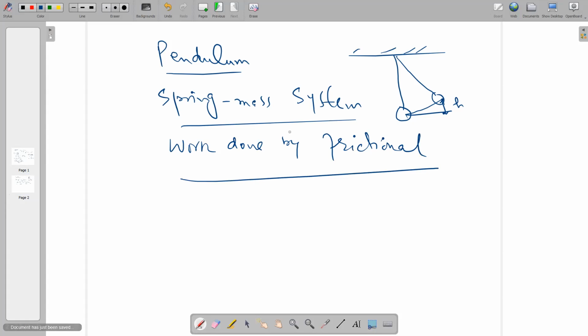This type of problems we will solve. And also we will discuss the situation in which we have an inclined plane like this one, and the ball is falling down. Surely it has some height. So it has potential energy, and when it is moving, this potential energy is converting into kinetic energy.